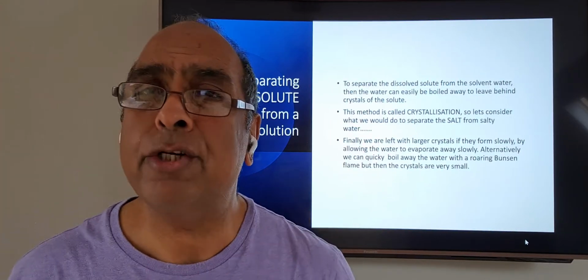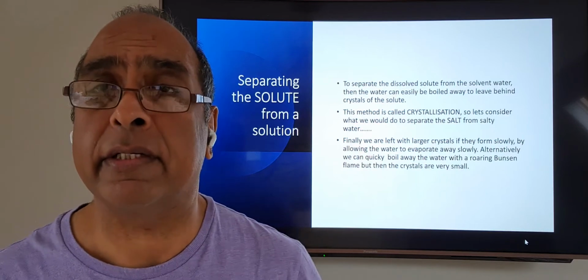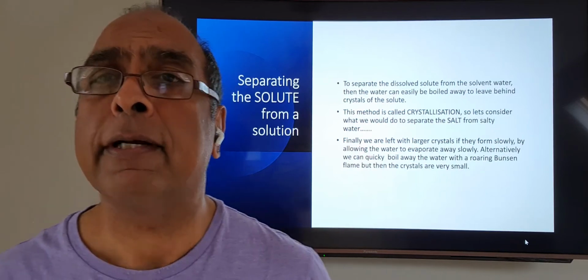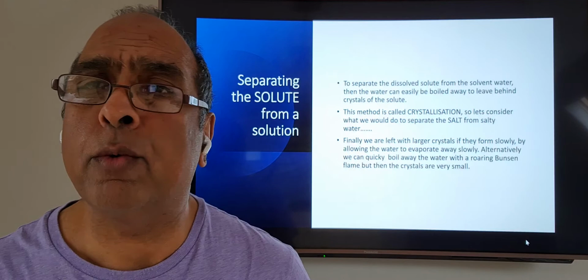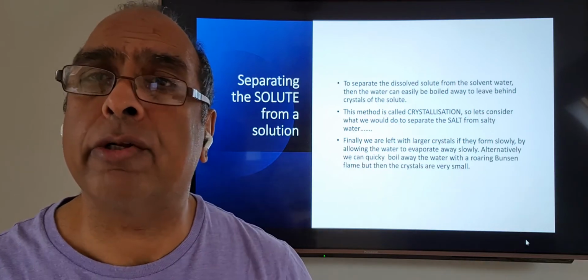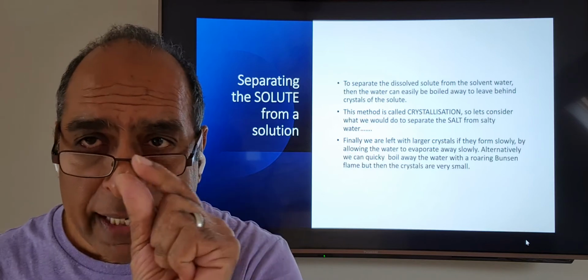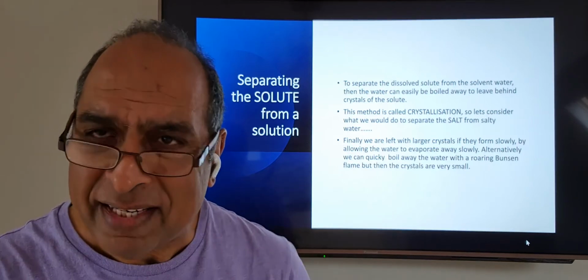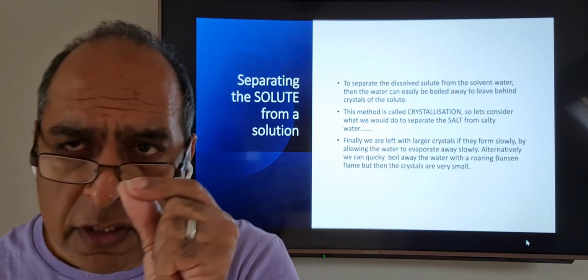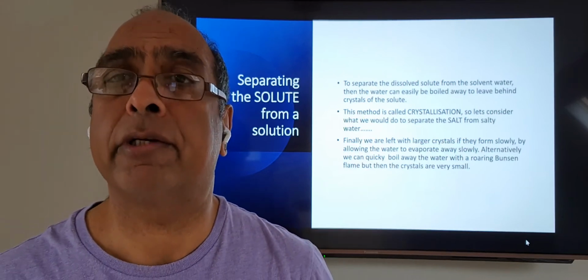But I'd like to introduce crystal size into this, because occasionally that comes up. If you boil away the water quickly, the crystals form quickly, and then the size of the crystals is tiny. So the faster the crystals form, the smaller the crystal size.